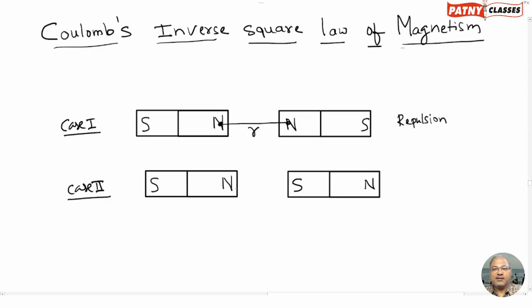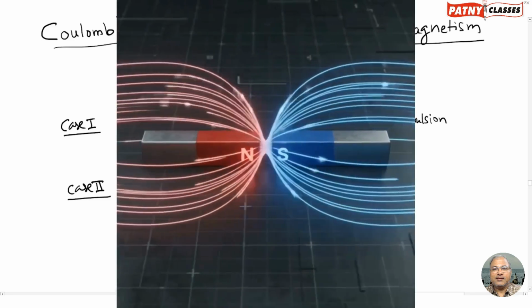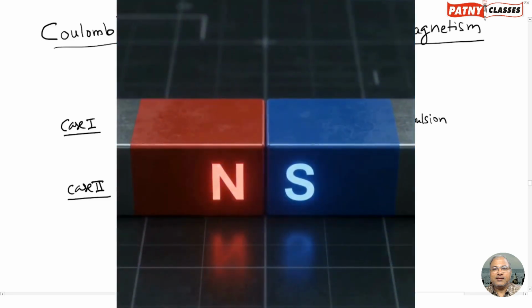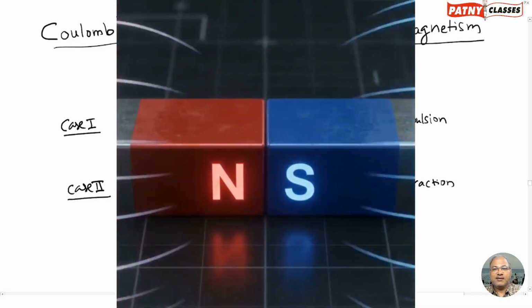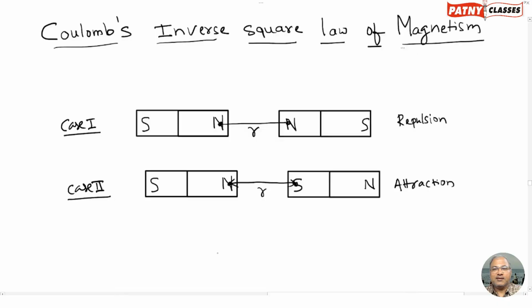In the second case, I have kept the north pole and south pole facing towards each other. Here also they are kept at a distance r from each other. So when the dissimilar poles are facing each other, then there is an attraction, and they attract each other with certain force called the force of attraction.